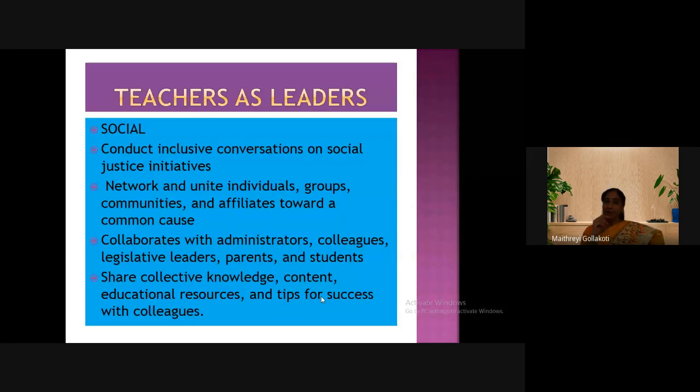Next is collaborates with administrators, colleagues, legislative leaders, parents, and students. Now, a teacher is a kind of a bridge between parents and students, parents and management. In so many ways, teachers act like a bridge.